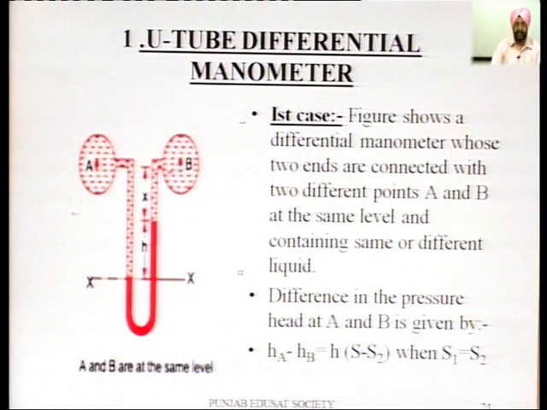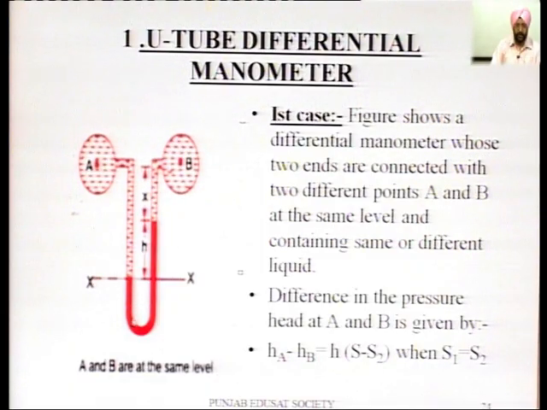The first case, when these are at the same level, difference in the pressure head at A and B is given by, now let us suppose in this tube A as well as in this tube B, both the liquids are same, as it is indicated by the red dots in both these tubes. And we have manometric liquid here with the dark red color.